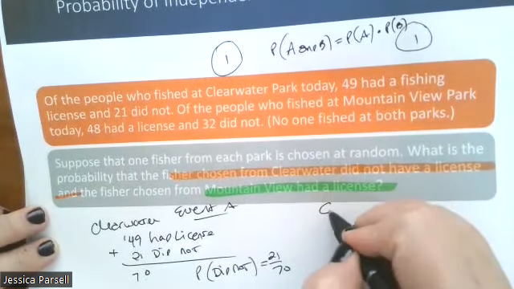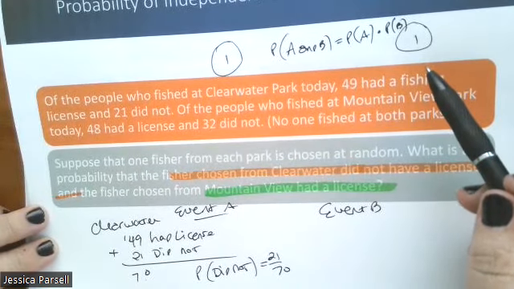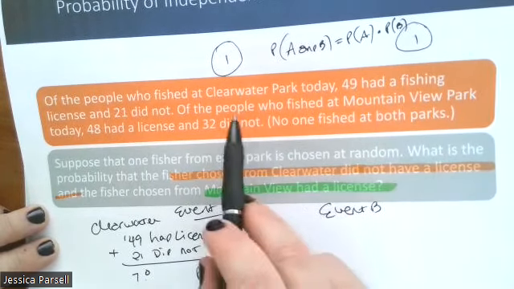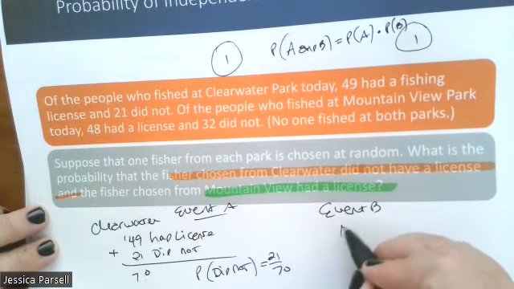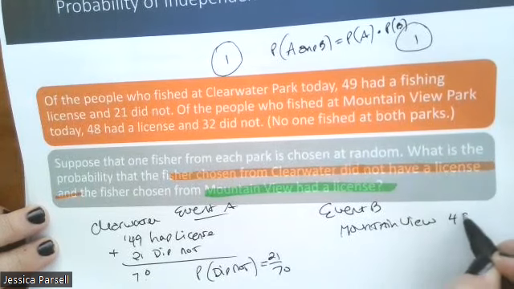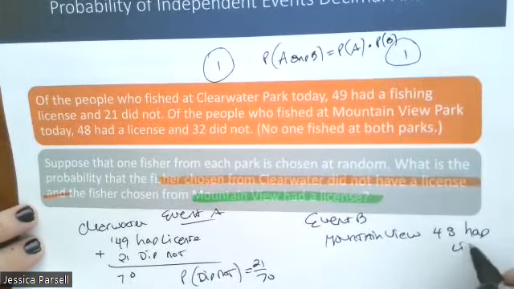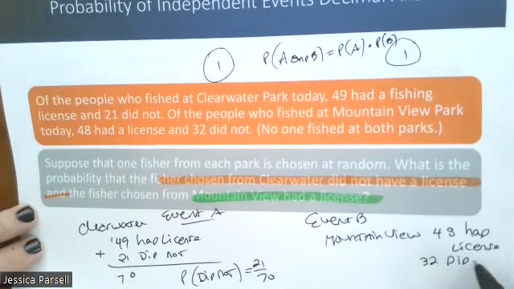All right, let's look at event B. So now we're over here at Mountain View. They tell us that of the people who fished at Mountain View Park today, 48 have a license and 32 did not.